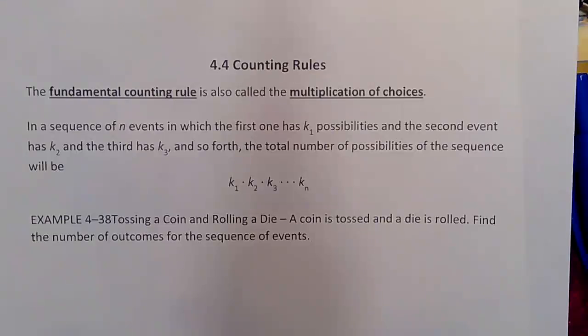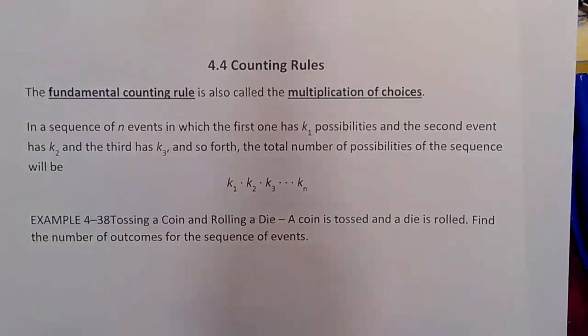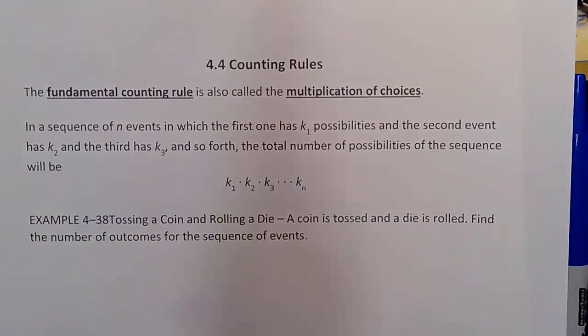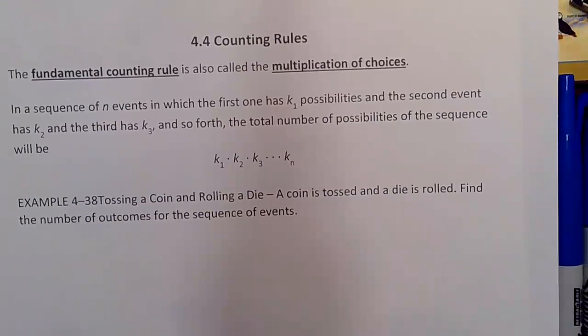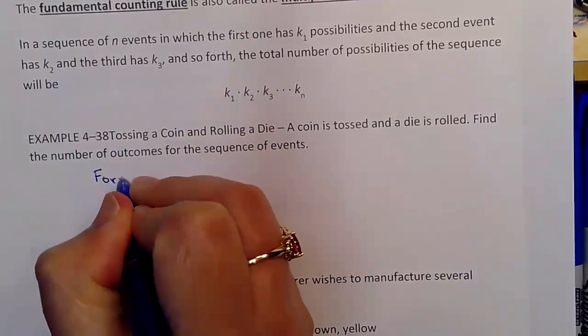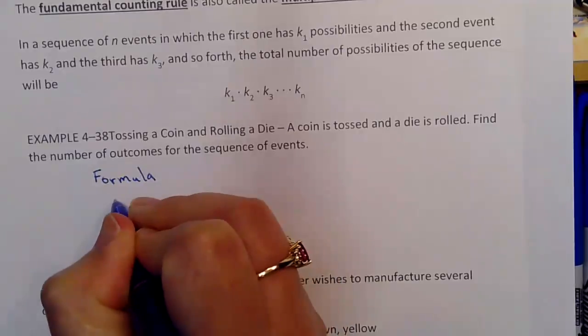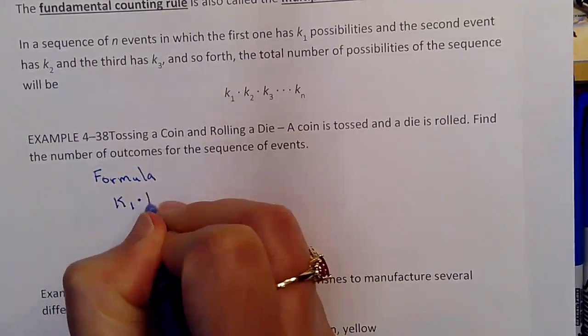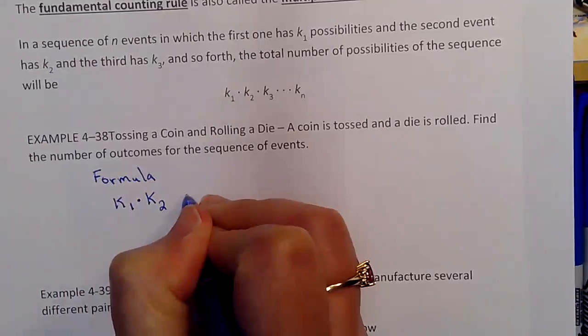One example we have is tossing a coin and rolling a die. A coin is tossed and a die is rolled. Find the number of outcomes for the sequence of events. The formula that we would jot down is k1 times k2, because we have two events.